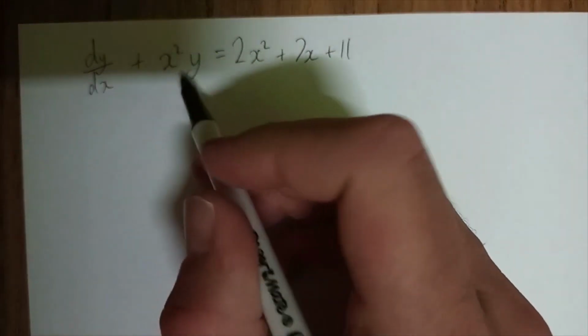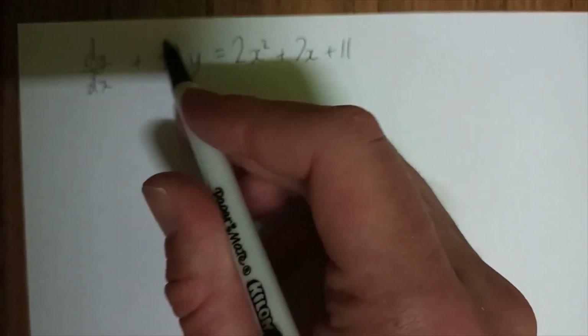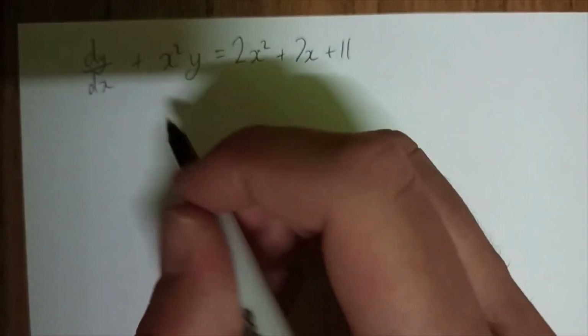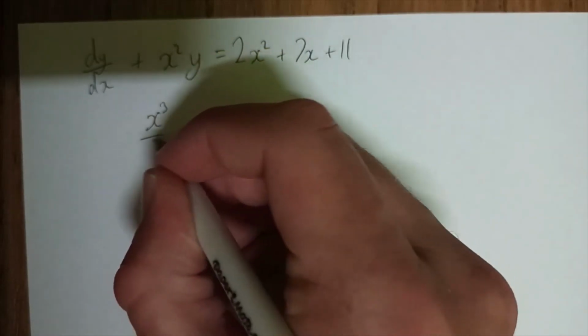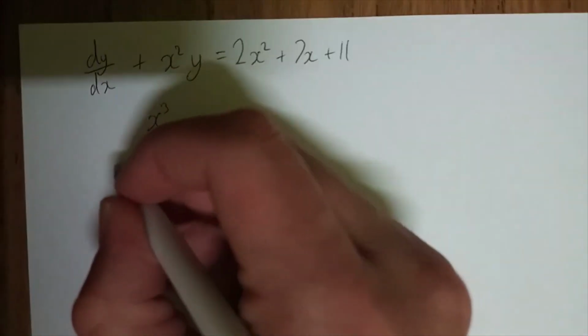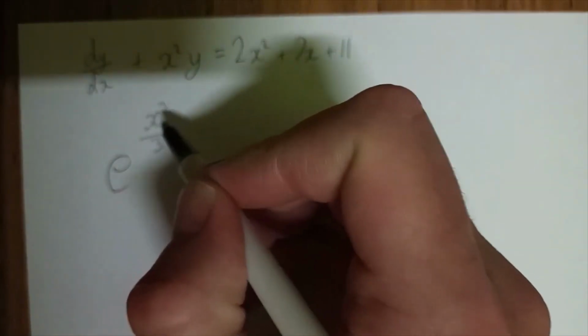So again, we take an antiderivative of the function of x in front of y. So an antiderivative is x cubed over 3. Our integrating factor will be e to the power of this antiderivative, e to the power x cubed over 3. That's our integrating factor.